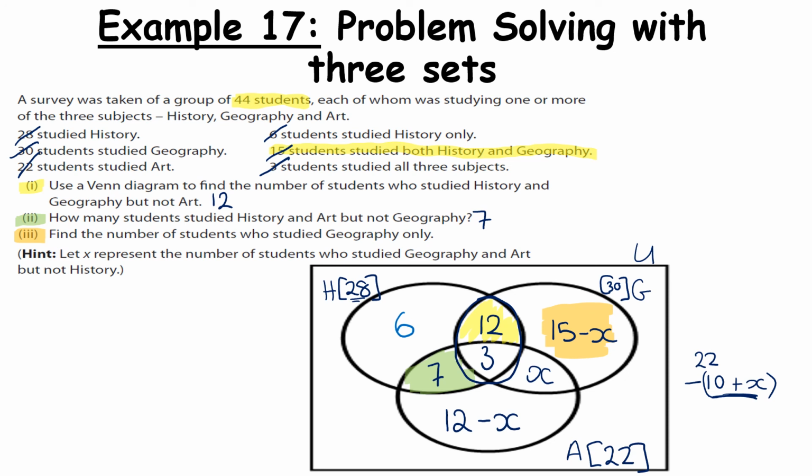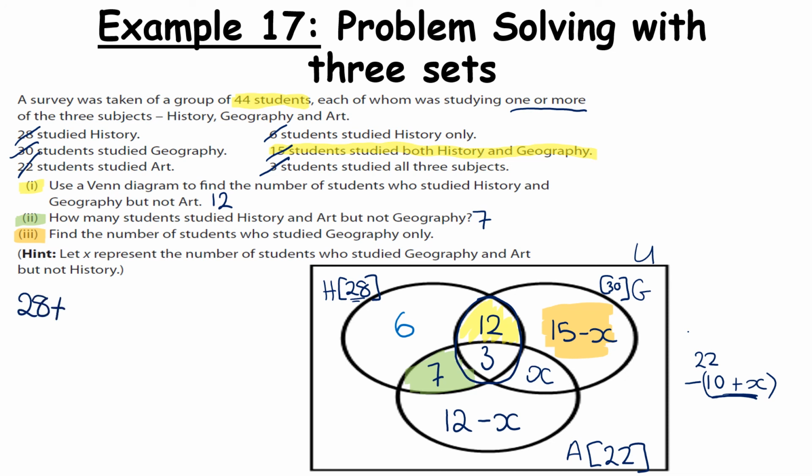Now, we know that all of them have to study one or more. So there's nobody outside of history, geography, and art. And we know that this whole thing should add up to 44. So now let's create an equation. So the whole history circle is filled in. So that is 28 plus.